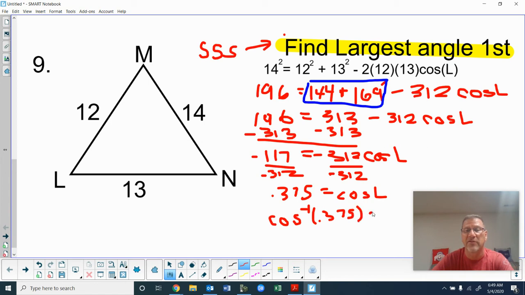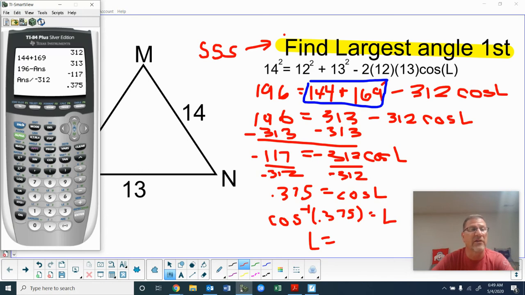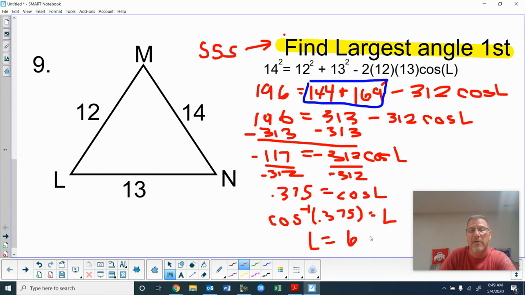Make sure, again, you're in degree mode. Remember law of cosine, second cosine, second answer. And it's 67.9, so rounding it to the nearest whole number would be 68 for angle L.